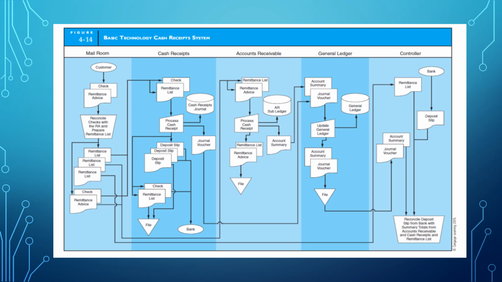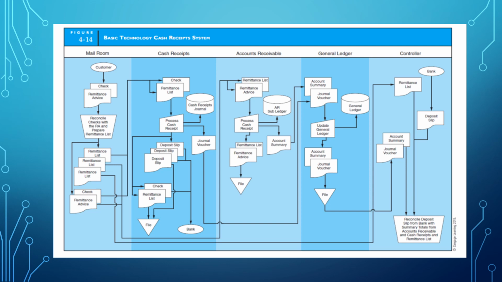So for the basic technology cash, it is the same process, I mean the same idea, and we can apply it to the cash receipts system. We start by receiving the check and remittance advice, then we manually update the files, the remittance list, and send the check to the bank and so on.